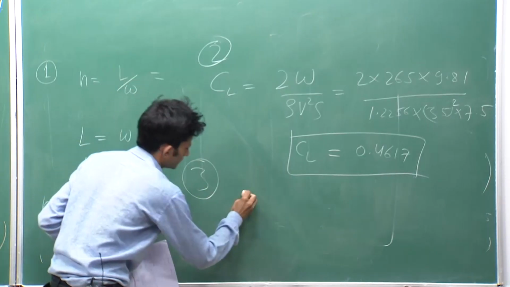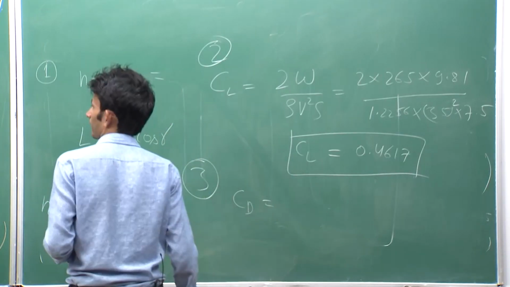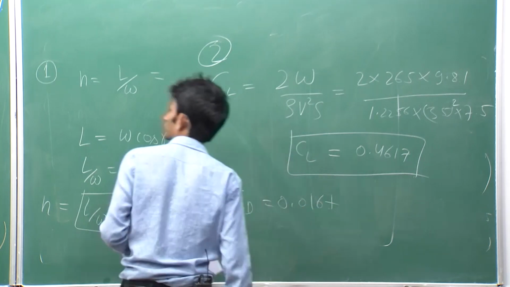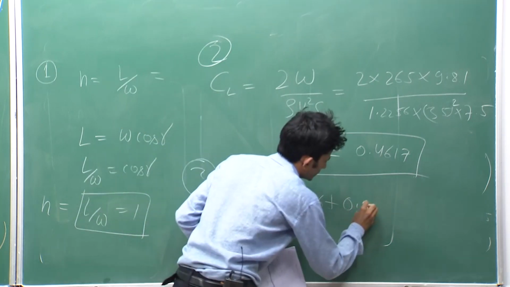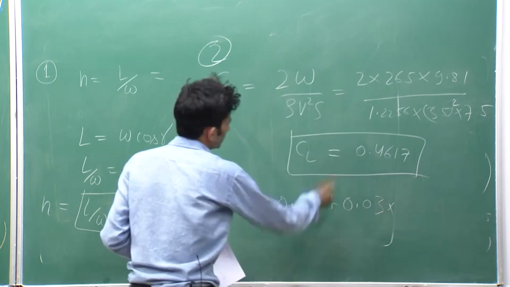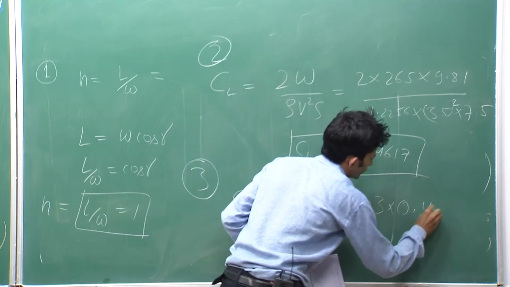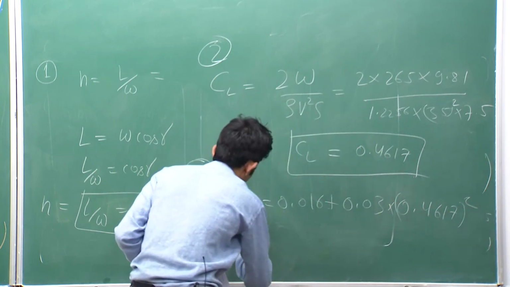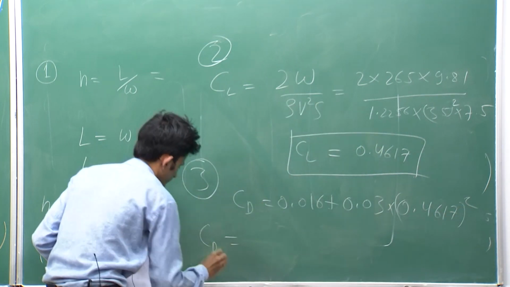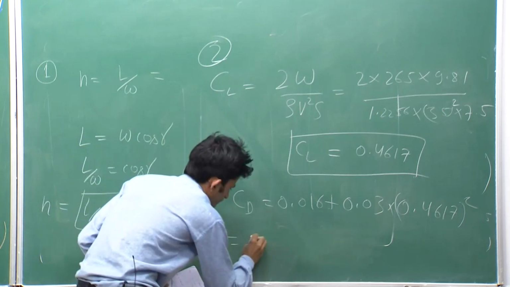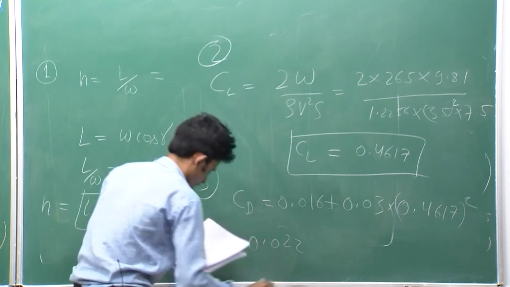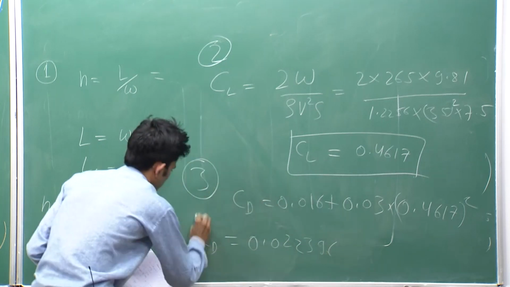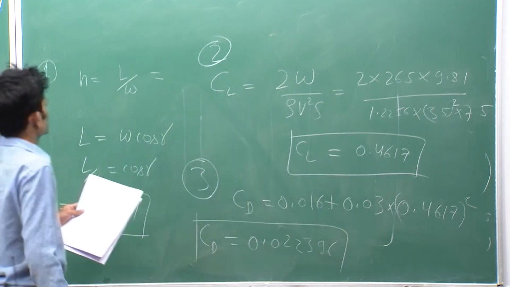So CD will be 0.016 plus 0.03 into CL, just put the CL value 0.4617, square it, and you will get CD equal to 0.022396.